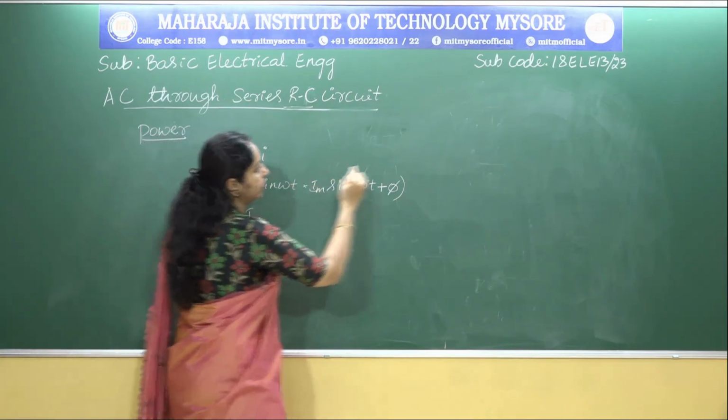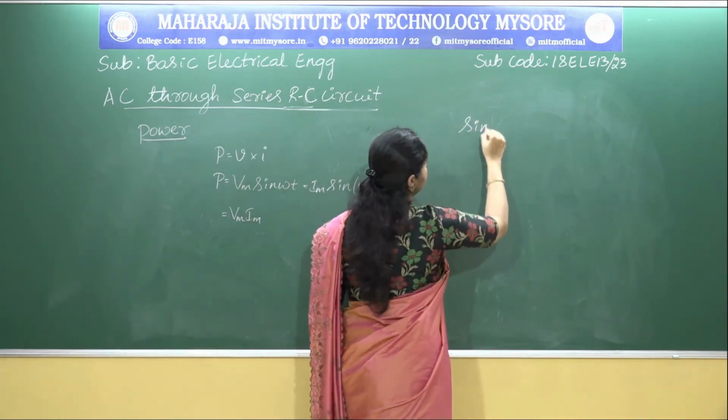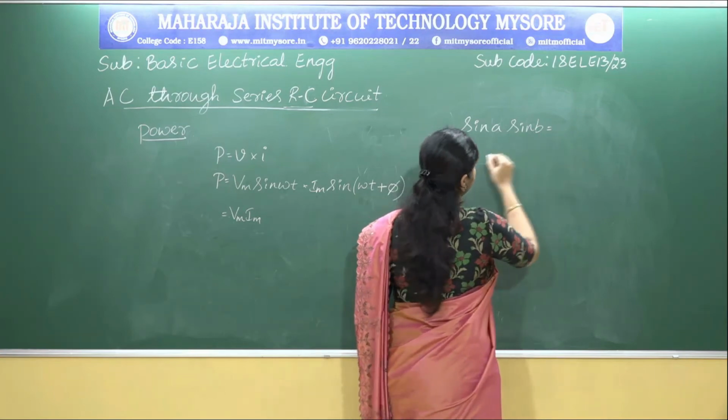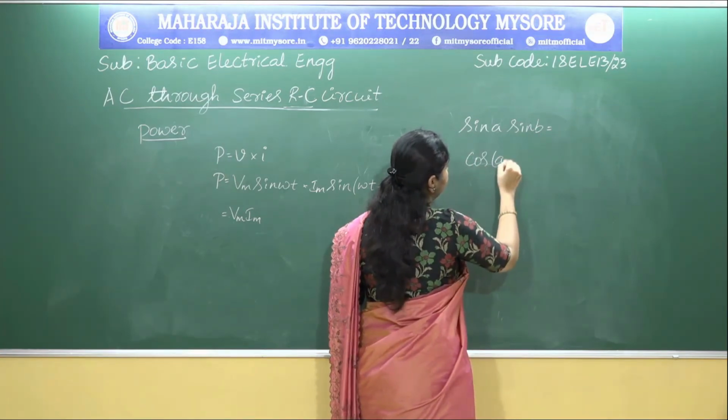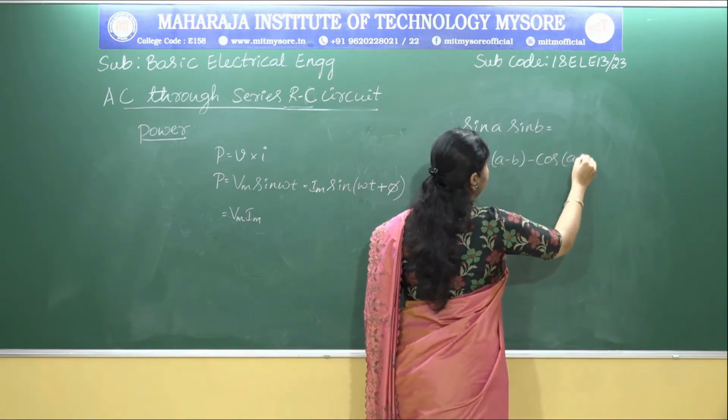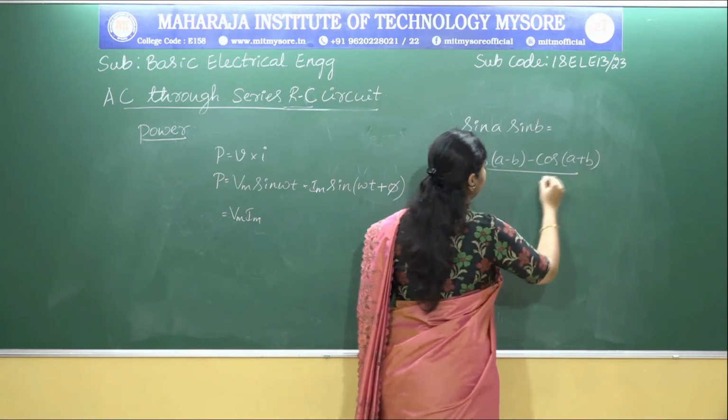Now it is in the form of sin A sin B, which is equal to cos of A minus B minus cos of A plus B, divided by 2.